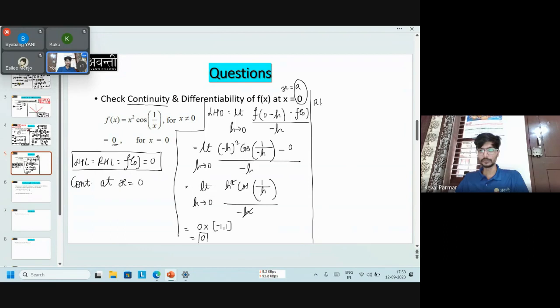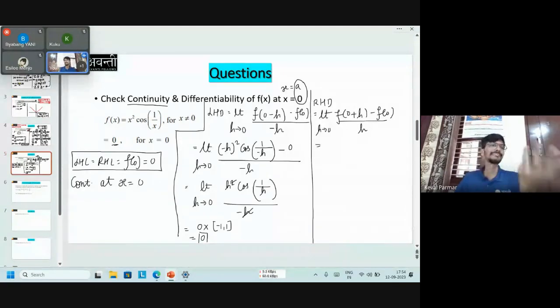RHD equals limit h tends to 0, f of 0 plus h minus f of 0 upon h. That means f of h, since 0 plus h is h. So we limit h tends to 0, h square into cos of 1 by h minus f of 0 which is 0, upon h.